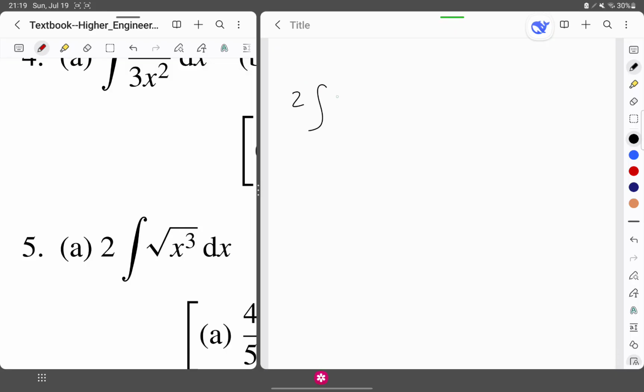So let's do another one. 2 times the integral of x cubed dx. Okay, it's so good.